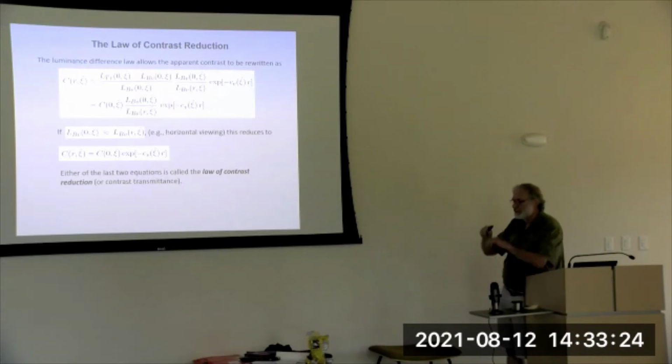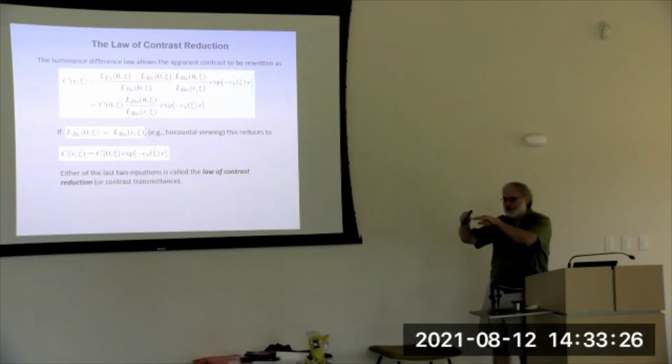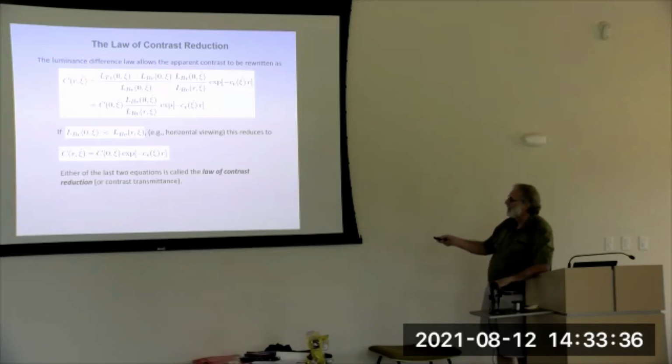And if you're looking horizontally in the ocean, then the background value up close and the background far away are the same if the ocean's homogeneous. So you'll often see people say, well, I'm looking horizontally, this term here is just 1, and that the contrast at distance r is the inherent contrast times e to the minus cv times r.